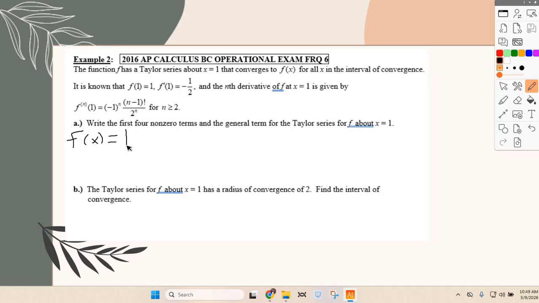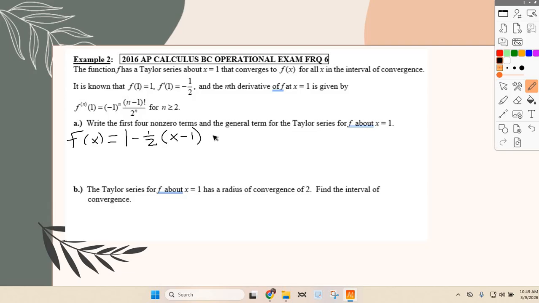Okay. And then I would have f prime of 1, which is negative 1/2 times x minus 1 to the first power. So far, so good.